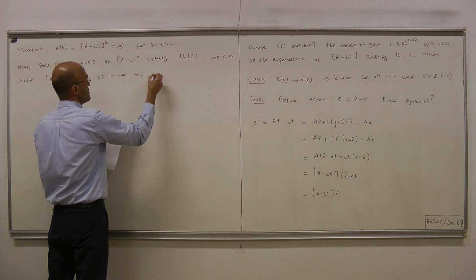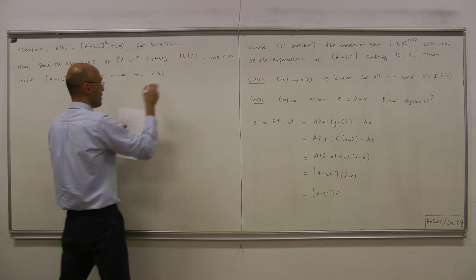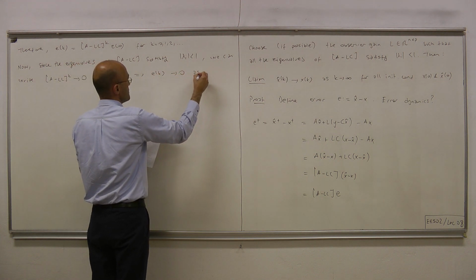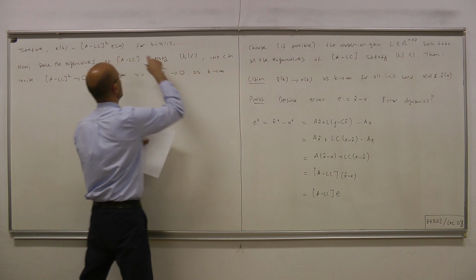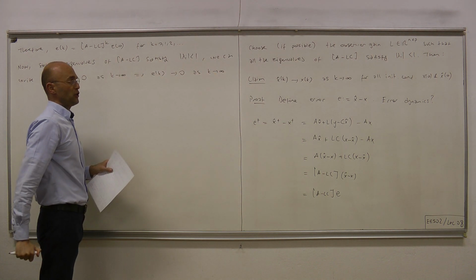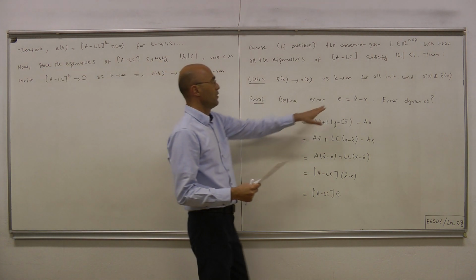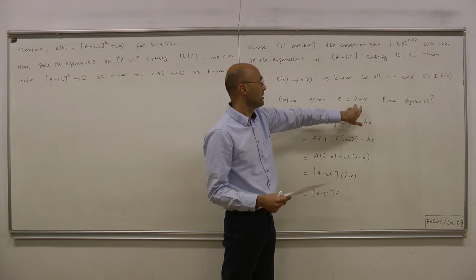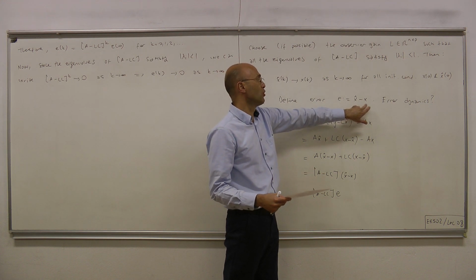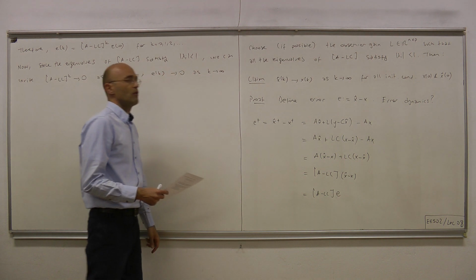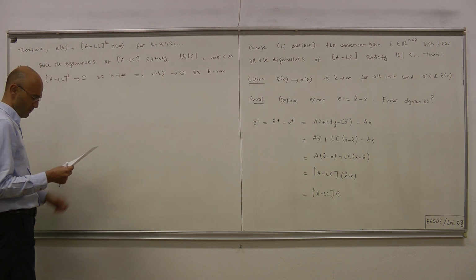That means e_k goes to zero as k goes to infinity, regardless of the initial error, which depends on the initial condition for the observer and the initial condition for the actual system.